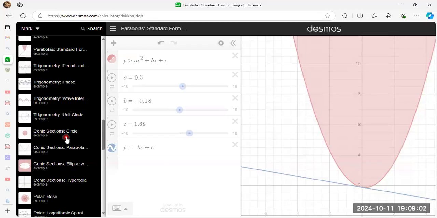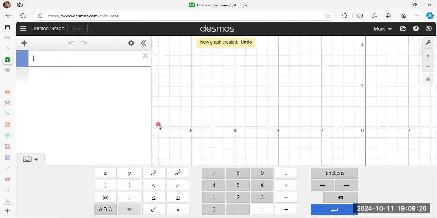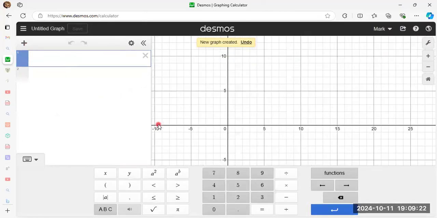What we're doing here is I can get my piecewise functions to give me my graphs. Let me just show you, since I'm here, a new blank graph. Let me show you what is happening here.